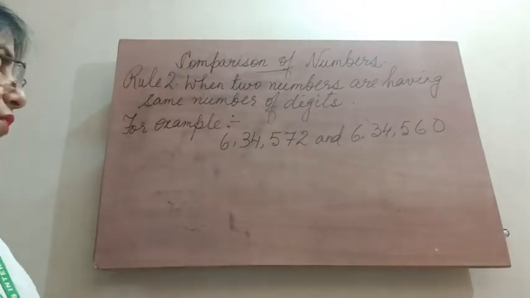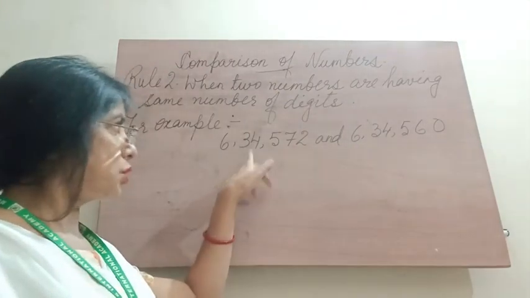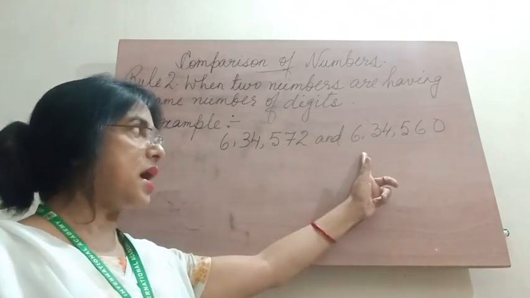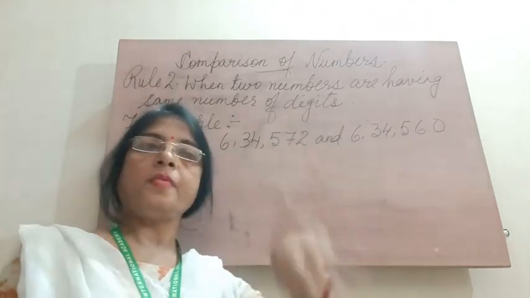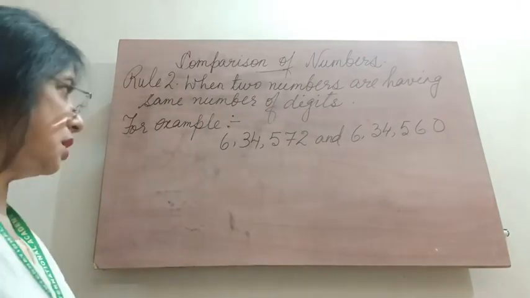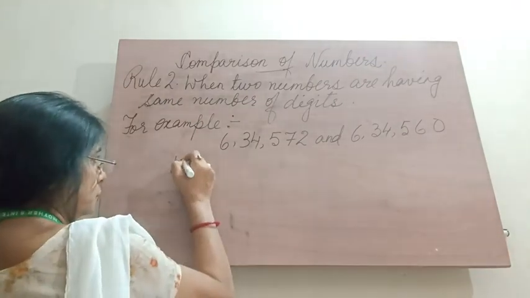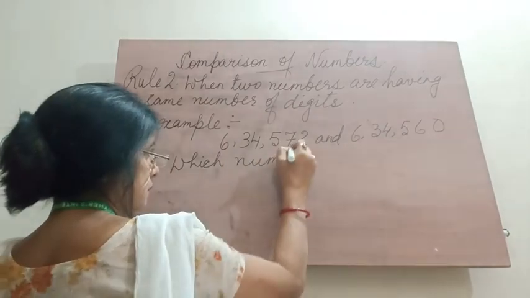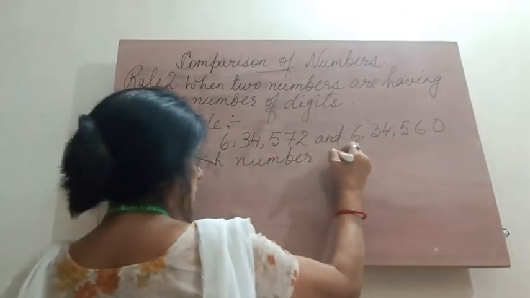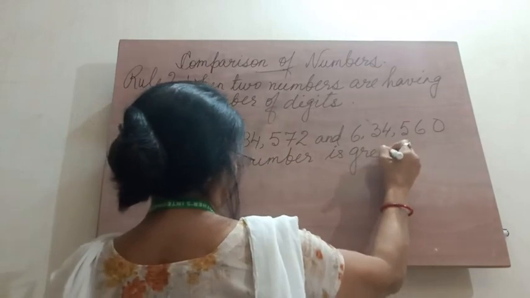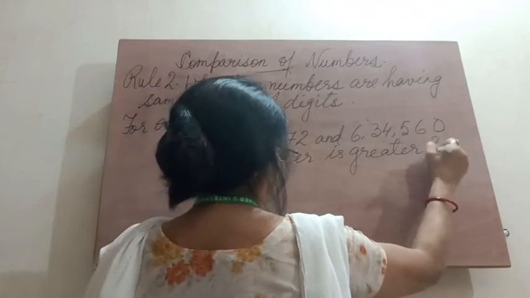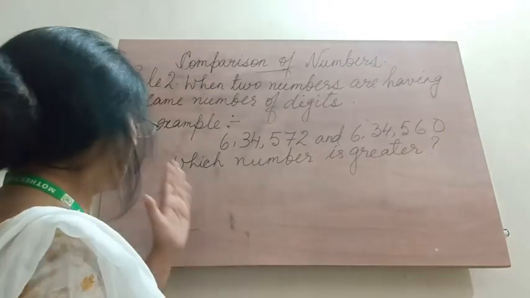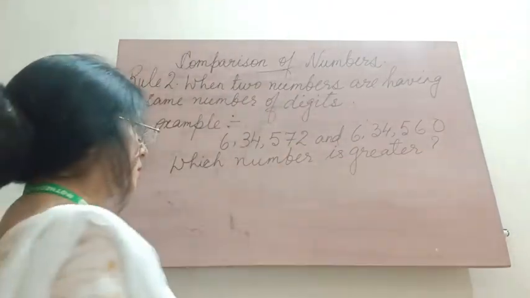The two numbers I have given you are 6,34,572 and the second number is 6,34,560. Again, the same thing we have to do. We have to find out which number is greater.